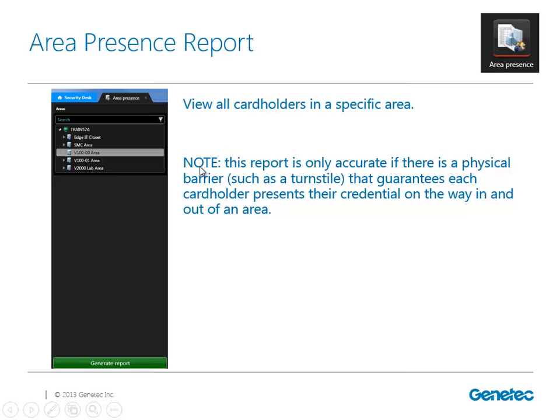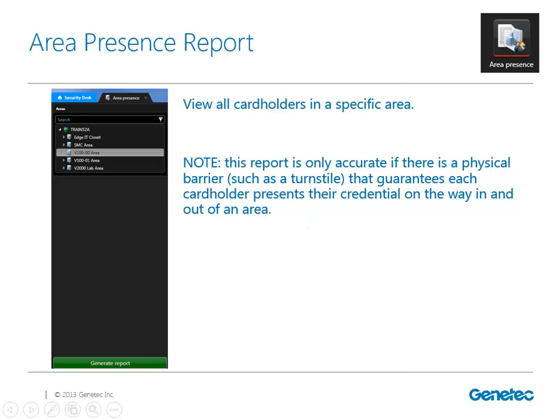Now, as we have in the note, it's good to understand that to be accurate on this report, a physical barrier, for example a turnstile, has to be in place, or a door that has a reader in and a reader out, because we need to know who's badged in to go in that area or through the door, and at the same time they have to be able to badge on the way out as well, so the report can be of use.